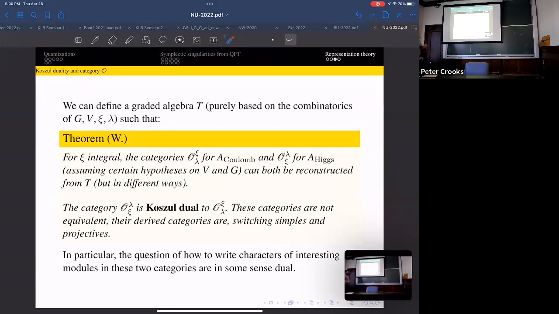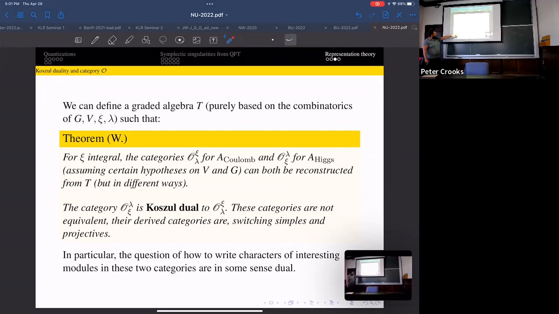This algebra shows up as the Ext of simple modules on the Higgs side, because I'm computing D modules and I can compute the simple things. And it's the endomorphism of projectives on the Coulomb side, because I can diagonalize this big commutative subalgebra, and that naturally gives me some projectives. So I don't get equivalent categories; I get categories which are, up to some issues about grading, derived equivalent in a way that switches simples and projectives.